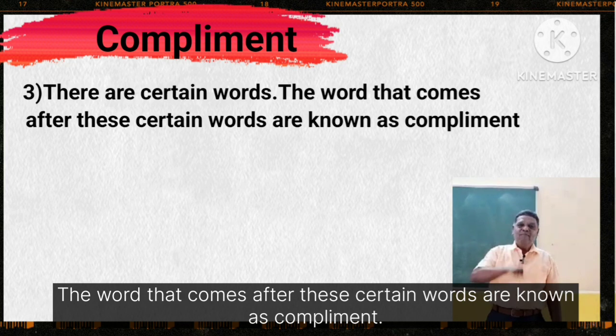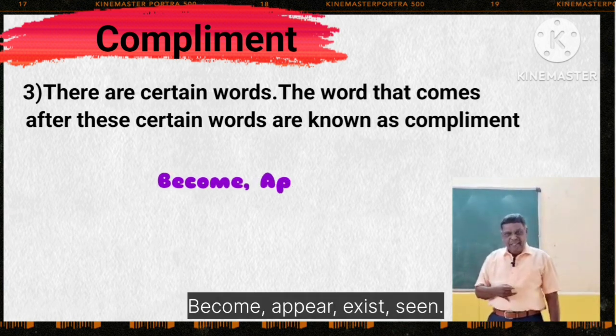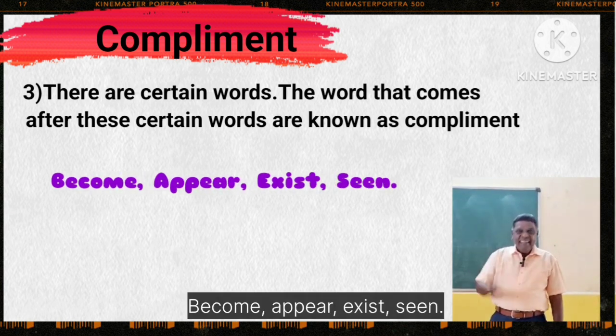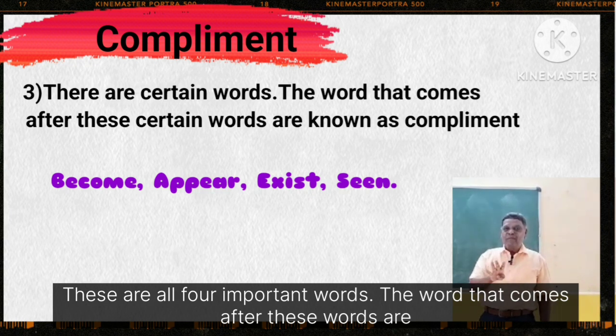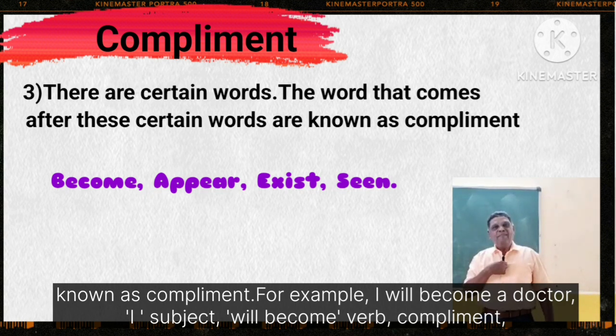Third point: there are certain verbs, and the word that comes after these verbs is known as a complement. What are those verbs? Become, appear, exist, seem. These are four important verbs. The word that comes after these verbs is known as a complement. For example, I will become a doctor.